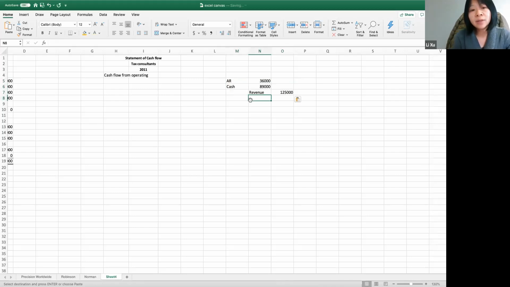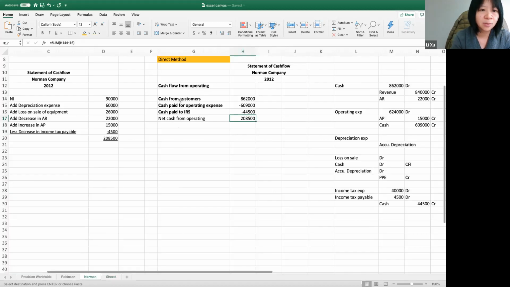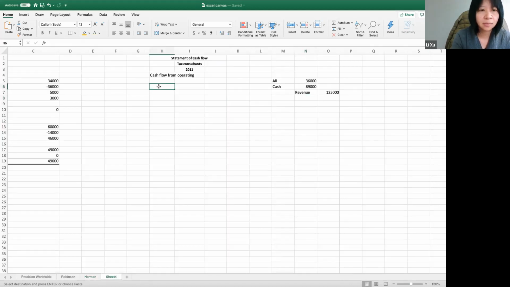I look at the revenues, and I look at the changes in accounts receivable, and then I figure out the cash, which is a plug-in number of 89,000. And like what I did in the past, you want to separate this as cash from the customers. That gives you 89,000. Okay.